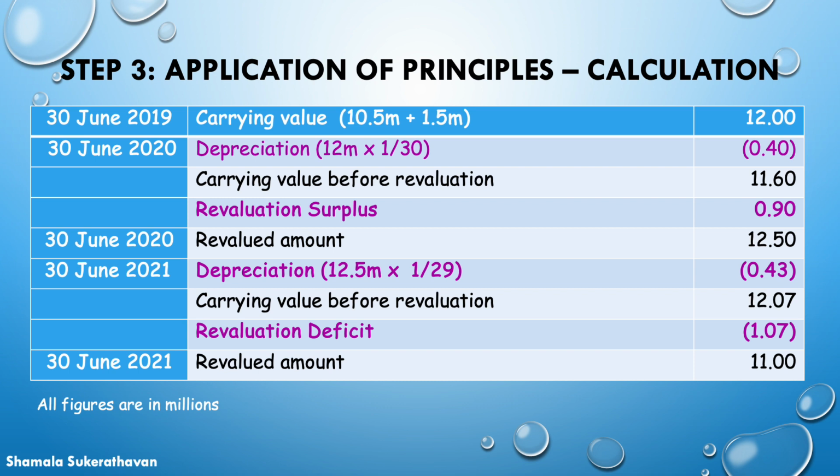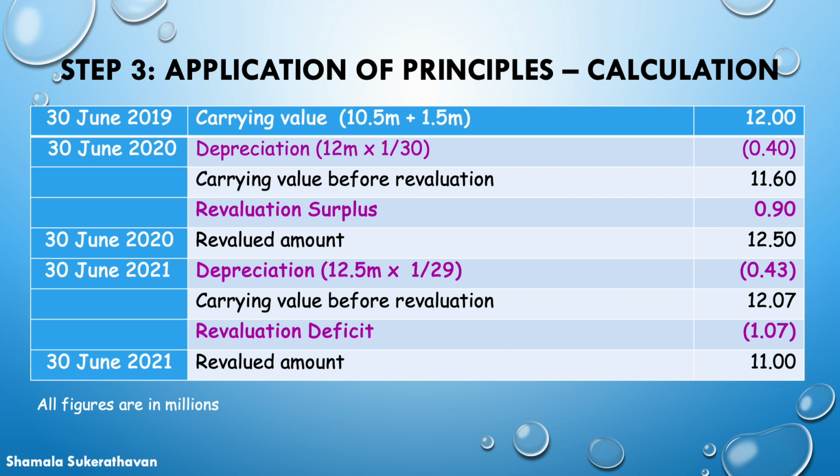In the financial year ended 30th June 2021, depreciation, being the allocation of the depreciable amount of the asset to the periods expected to benefit from the use of the asset, would be calculated based on the fair value of 12.5 million over the remaining useful life of 29 years, resulting in a depreciation charge of 0.43 million in the profit or loss.